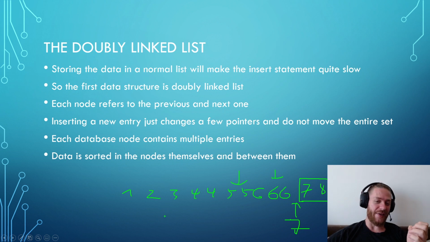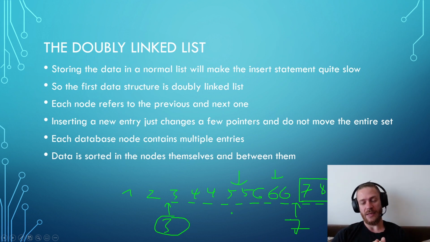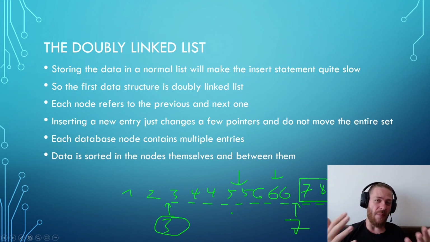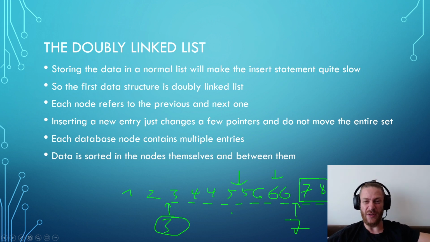For example, if I insert the number 3 in this example, I will have to move like 12 entries for this insertion, and 12 movements on the hard drive or in memory are very expensive operations. Imagine what will happen if you have a million entries in the database. You need to move, for example, 500,000 entries on the physical hard drive. That's very expensive and it's not efficient.